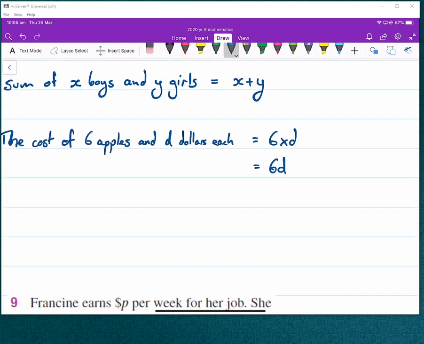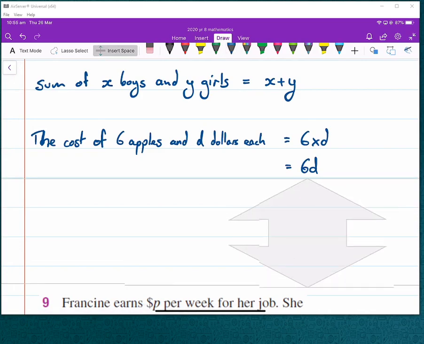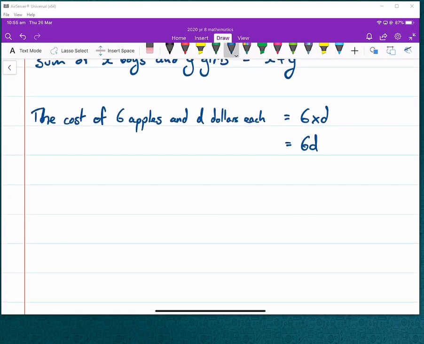So we might get a problem, let's make it a little bit more complicated. Example 4. Just say we want to work out what is a quarter of X, and then add 5.